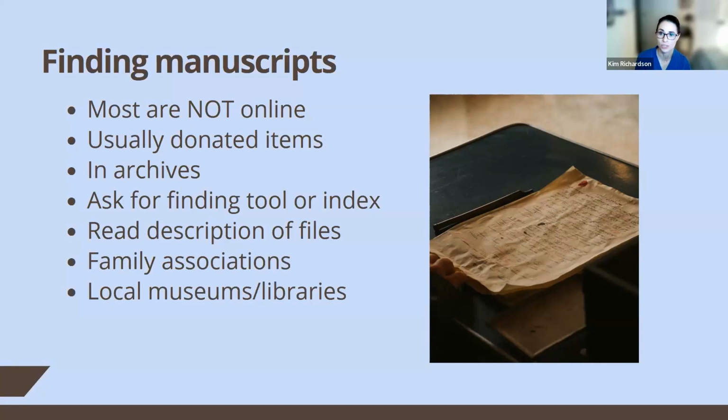But read the descriptions of the files and the individual manuscripts that are available, and then just go start reading them and looking at them and using them as resources. Family associations also a lot of times have leads on manuscripts that have to do with your particular family. So don't ignore those either.